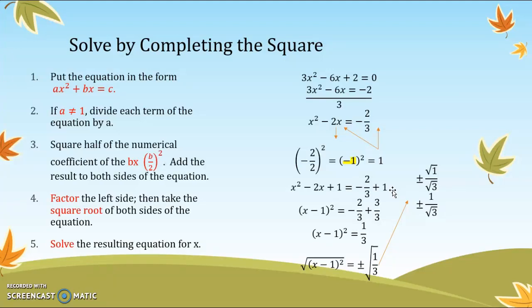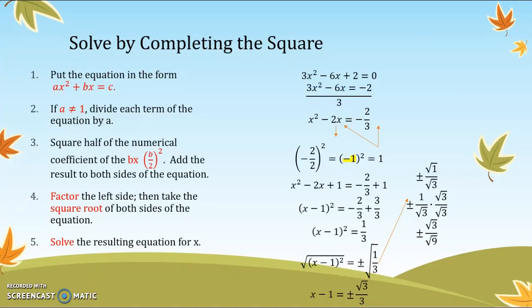So I ask myself, what can I multiply 3 by so that I obtain a perfect square number? Well, I know that if I were to take the square root of 3 divided by the square root of 3, I have multiplied by a form of 1, giving me the square root of 3 over the square root of 9.